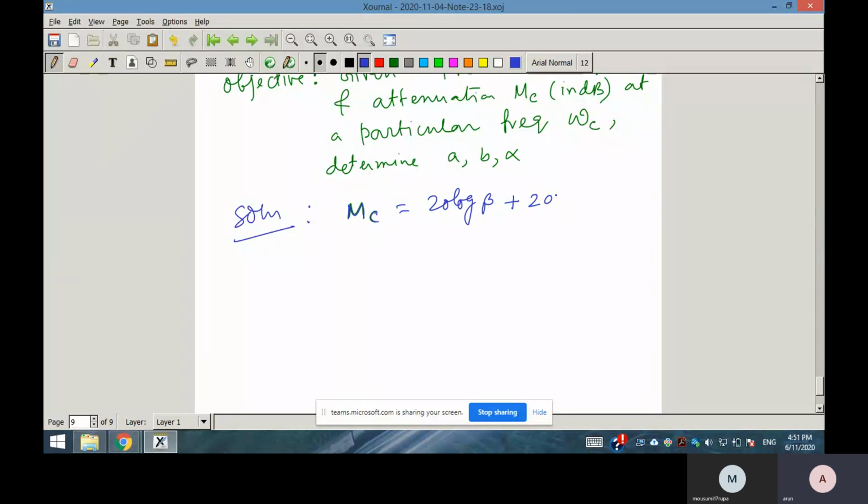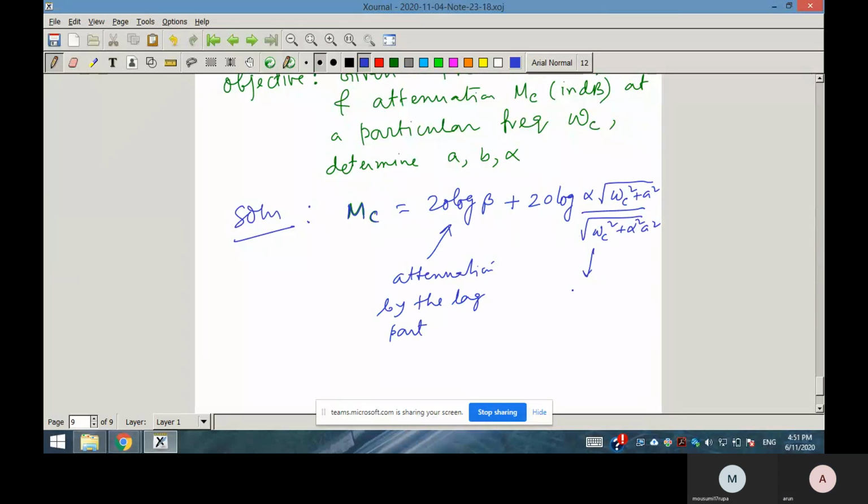This is 20 log of alpha into root under omega c square plus s square divided by root under omega c square plus alpha square s square. This is the attenuation by the lag part, and this is the gain by the lead part.